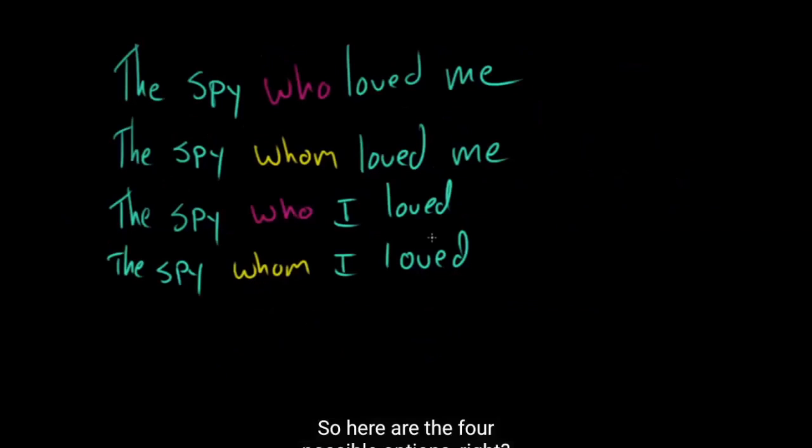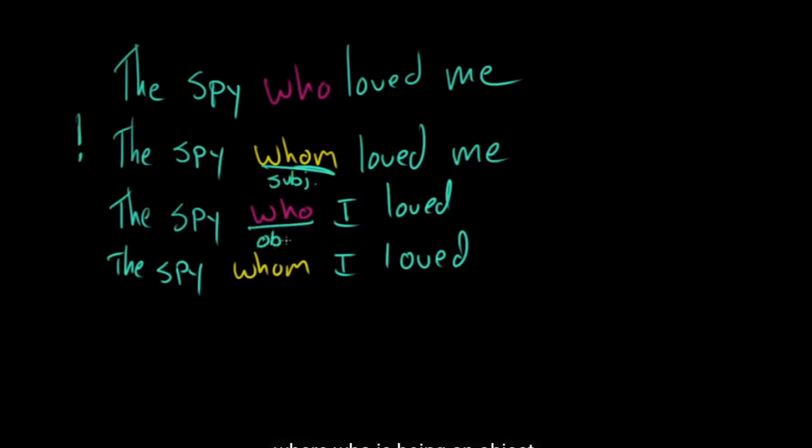Here are the four possible options: the spy who loved me, the spy whom loved me, the spy who I loved, and the spy whom I loved. Of these, only this one is incorrect, because we're trying to use whom as a subject. But here, the spy who I loved, where who is being an object, by the informal rules of our grammar today, this is fine.